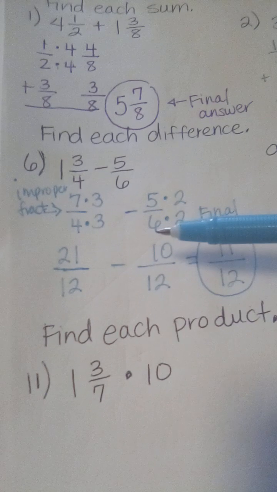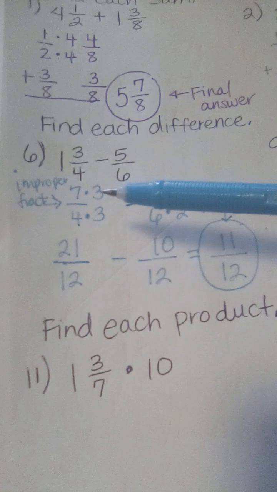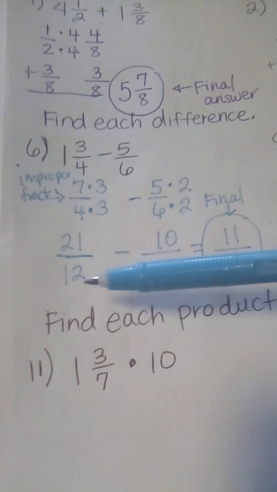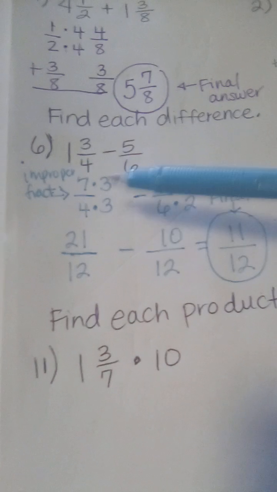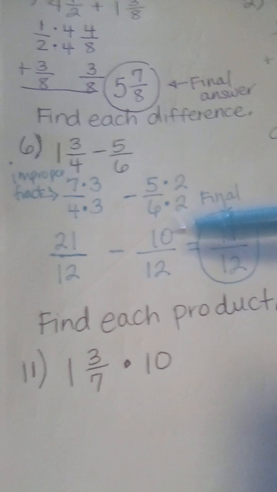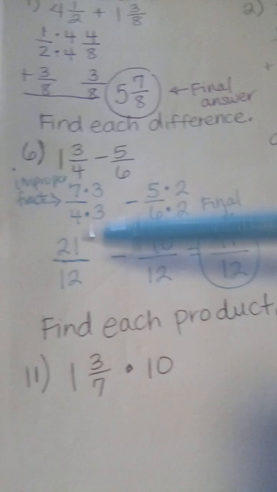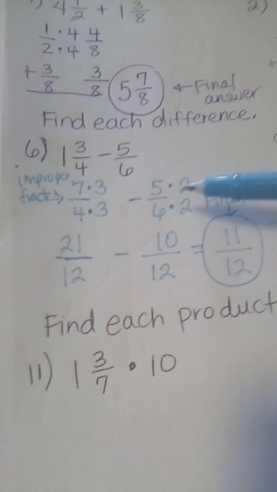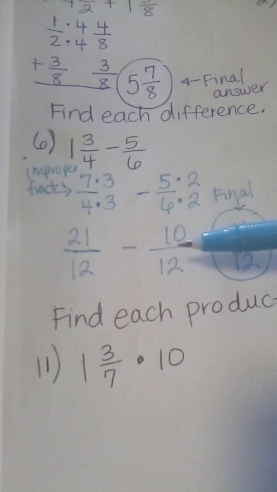Look for the common denominator of both 4 and 6. In this case, we got 12, right? Then we multiply the respective numbers to get 12 on the first part, which is 3, and the same thing on the second part, which is 2. You get 7 times 3 is 21 on the numerator in the first part, and 5 times 2 on the second part.